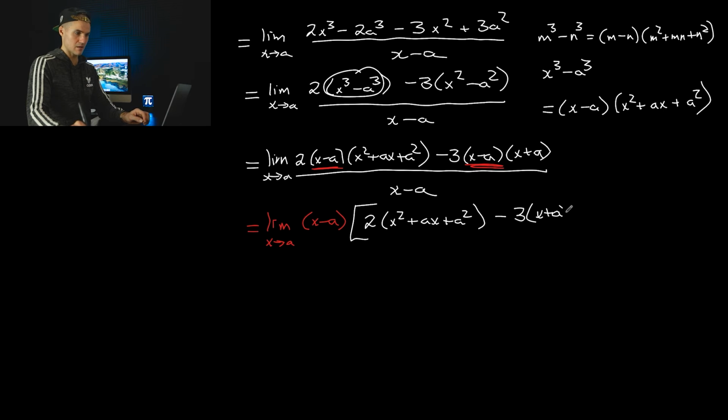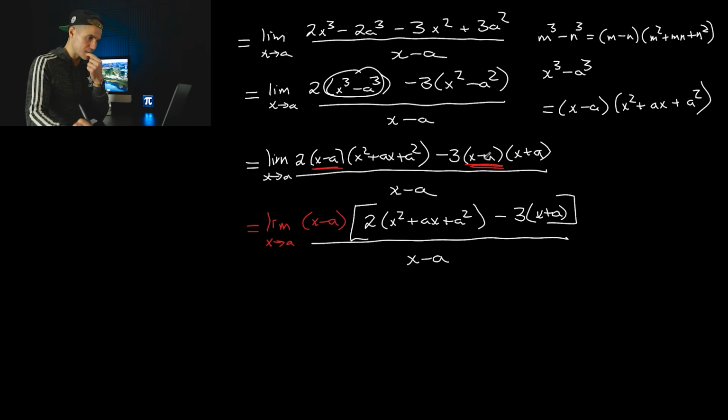X plus a, like that. So let's be super careful with all of our algebra. I don't think I missed anything, right? So I just took out this x minus a from both of these terms, and I was left with 2 in this bracket, and then minus 3 in that bracket. And now finally, the x minus a's cancel out as we wanted.